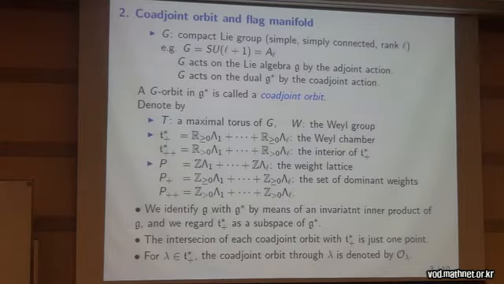Denote by T a maximal torus of G, W the Weyl group, and t* the dual of the Lie algebra of T, and t*_+ is the Weyl chamber, where lambda_1 to lambda_L are the fundamental weights of this root system.